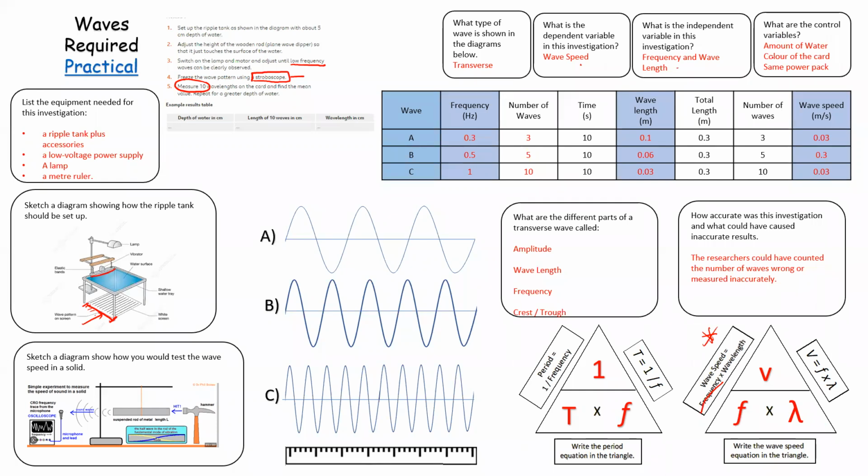What are the control variables? Yep, amount of water, keep that the same. Color of the card. Okay, I'll go with that one. Same power pack, just keep everything the same, and that's it really, basically. And then obviously you get your results, different frequencies.